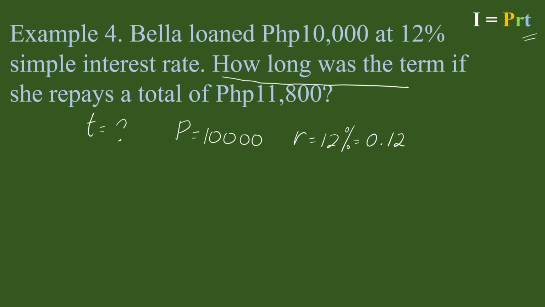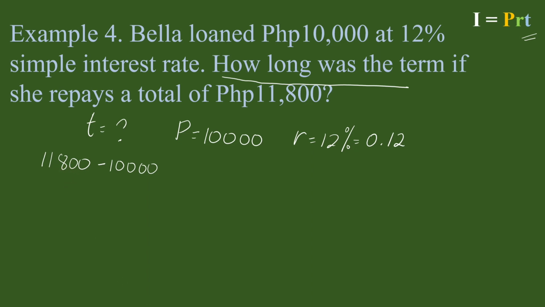And then you can see here that she repays a total of 11,800 pesos. Now with 11,800 pesos, part of it is actually the initial amount, which is 10,000. So nung ibabalik nyo na yung pera, 11,800 na yung kanyang ibabalik. So lahat-lahat yon sa after a certain period of time, kasama na dyan yung interest. So, how much is the interest?